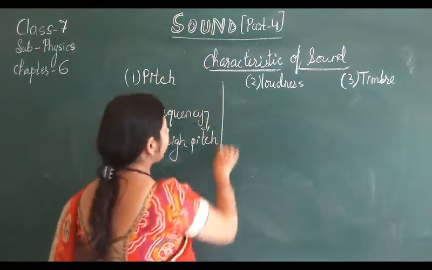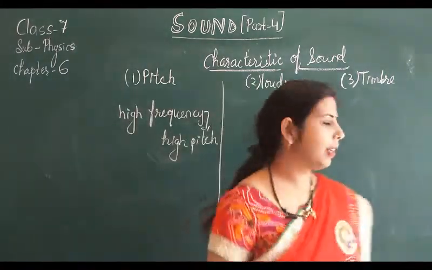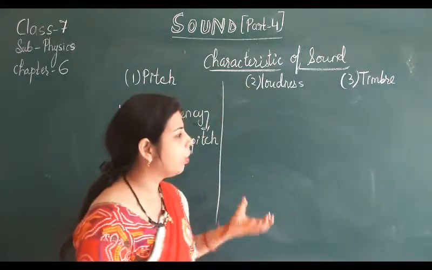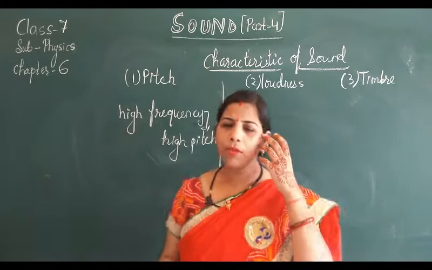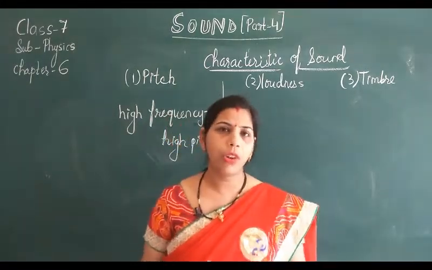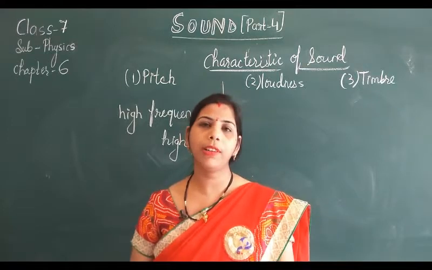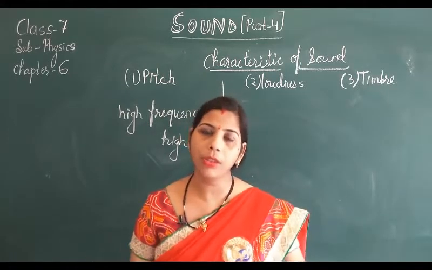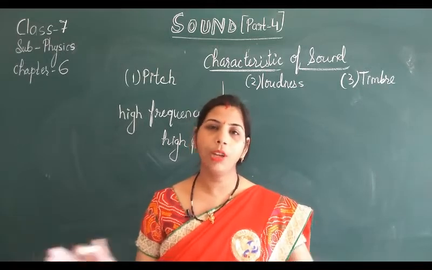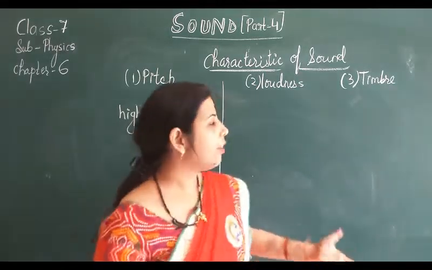Now the second characteristic is loudness. Loudness again depends on the intensity of the vibrating object. Sometimes the music you are listening to is pleasant to you, but others don't want to listen to that much music. They think it is very loud, while you find the music very pleasant.